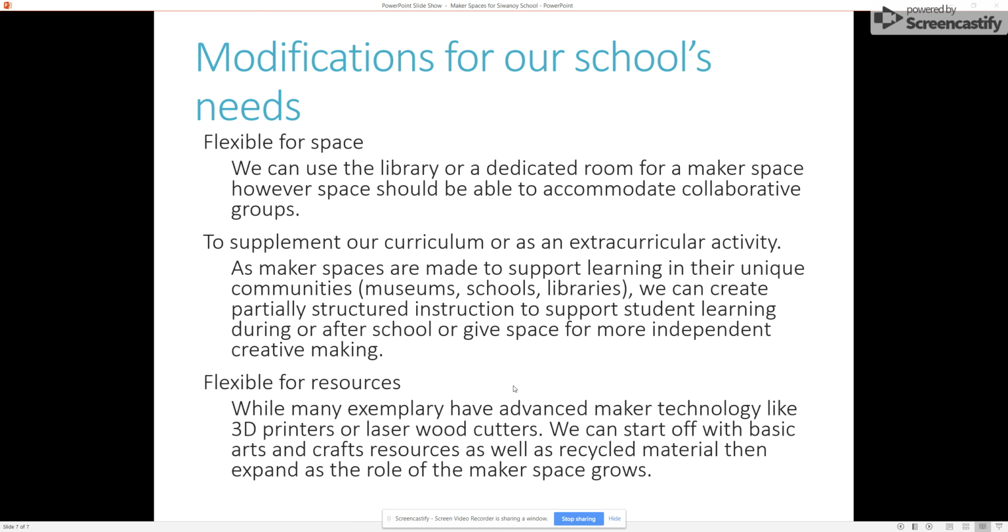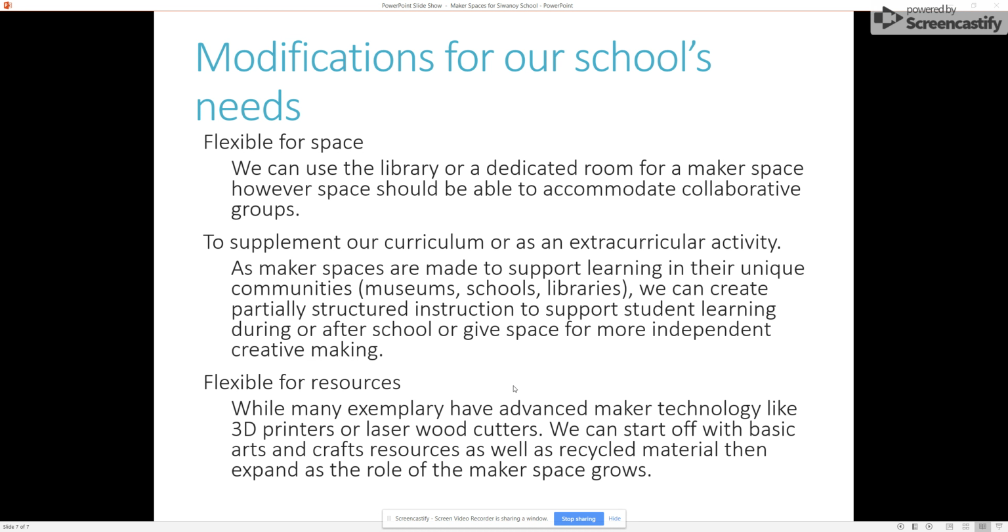So what are the modifications we need for this space? A lot of questions are going to come up. We're going to try to look for a space, potentially in the library or another small classroom or storage room. The goal for me is, number one, can we accommodate students for a collaborative environment?